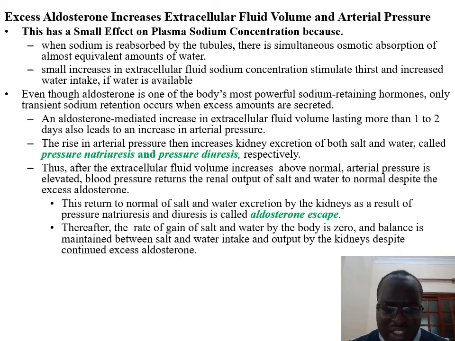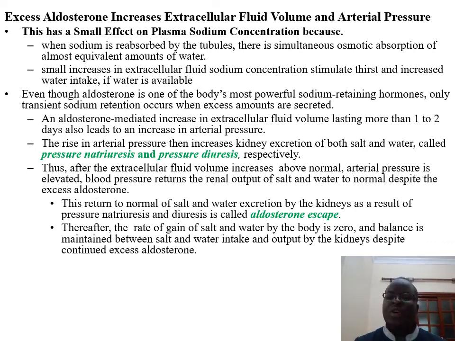The rise in arterial pressure then increases the kidney excretion of both water and salt. So water and salt will be excreted because of an increase in arterial pressure. Because, you know, when arterial pressure increases, the glomerular filtration rate is going to increase. So if you are reabsorbing a lot of sodium because you have an excessive amount of aldosterone, you're also going to reabsorb water.